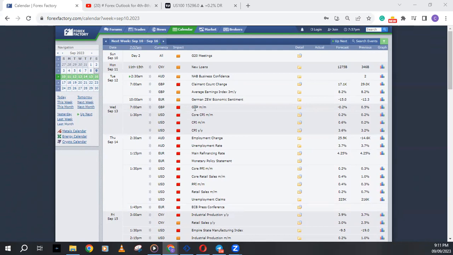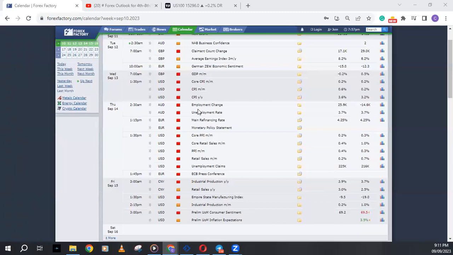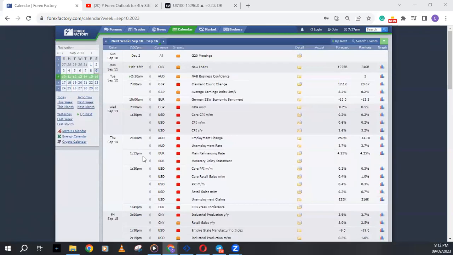We have GDP for the British pound on Wednesday at 7 a.m. Then we have employment change and unemployment rate on Thursday for the Aussie dollar. Then rate news for the euro on that same Thursday, and some core PPI, some high impact news. So Wednesday and Thursday are going to be really interesting for the US dollar.